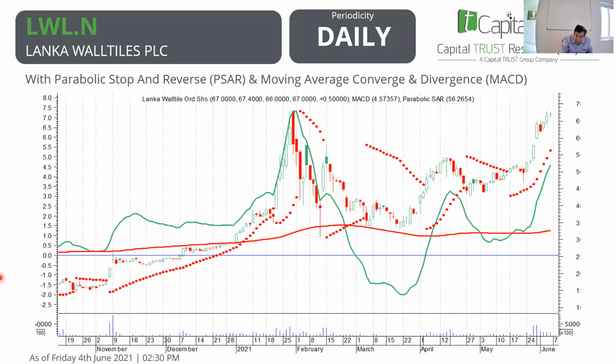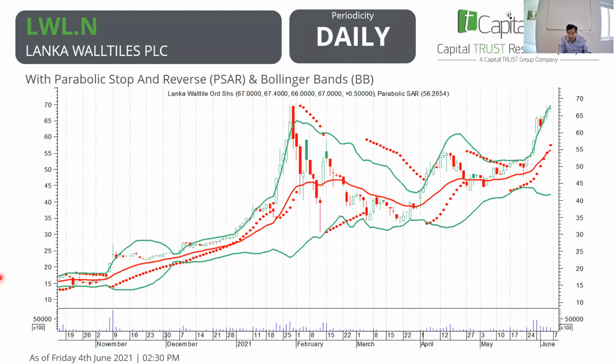MACD is up, way up, right? It's buy all the way. And Bollinger Band, my God, it has gone and hit the upper standard deviation, moving way above. It is super bullish, almost overbought, right?